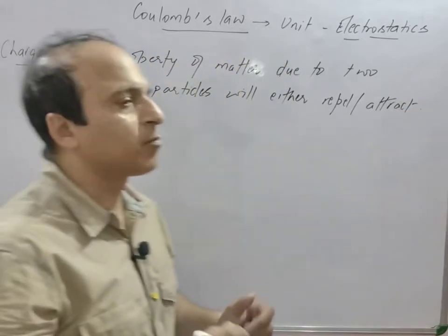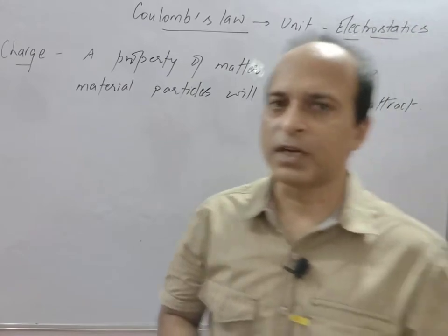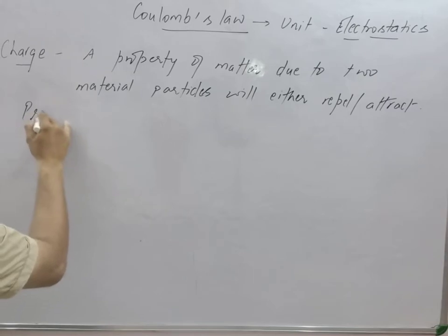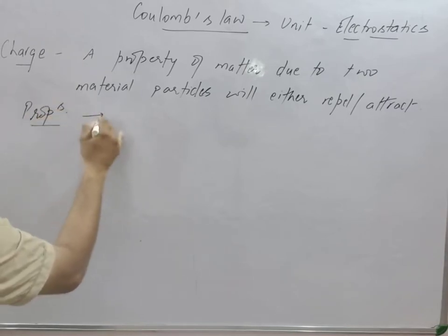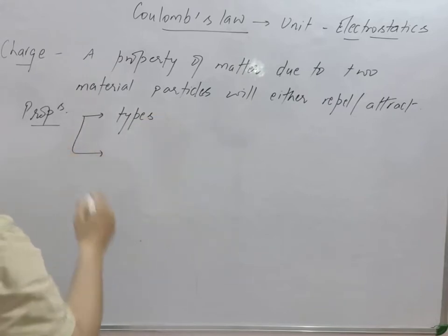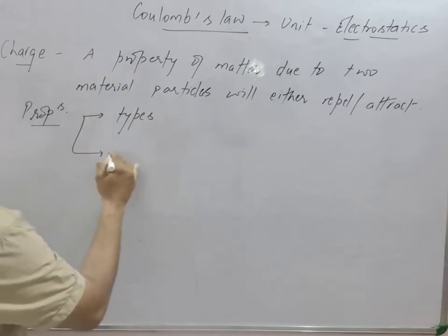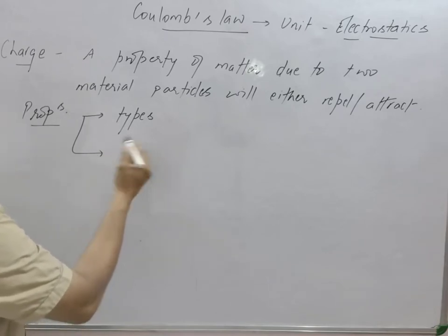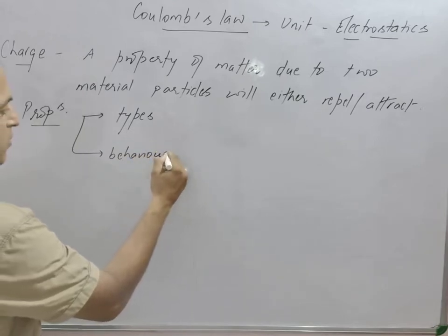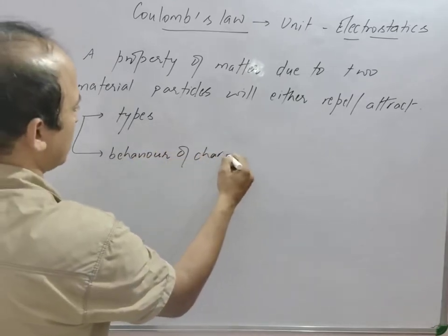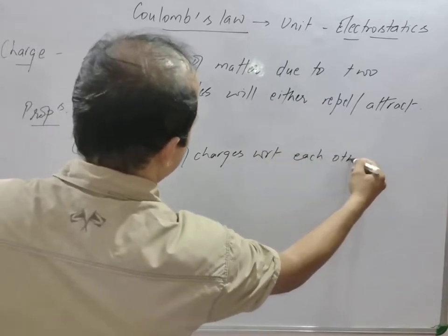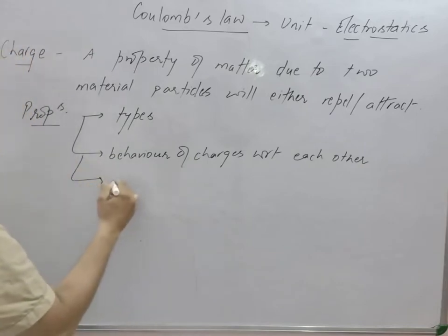Now, the properties of charge that we have to go through in short are: the types of charge, two; the attractive or repulsive behavior, that is the behavior of charges with respect to each other; then their additive nature.